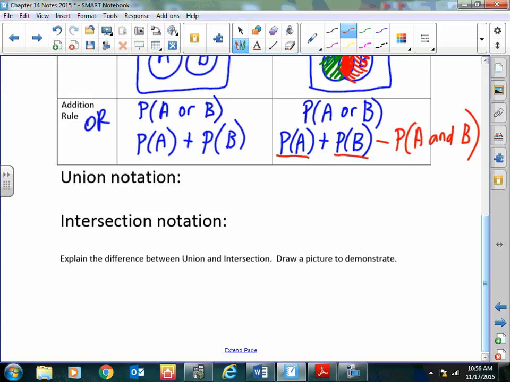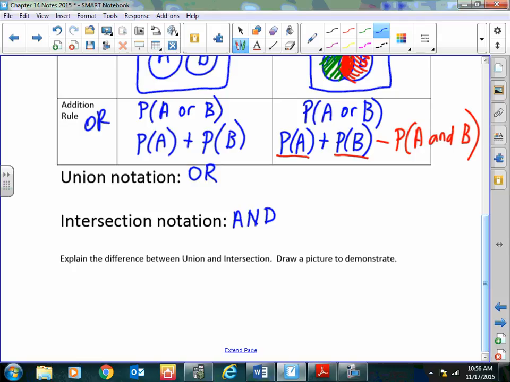Okay, next, union notation. Union is going to be or problems. Intersection will be and problems.